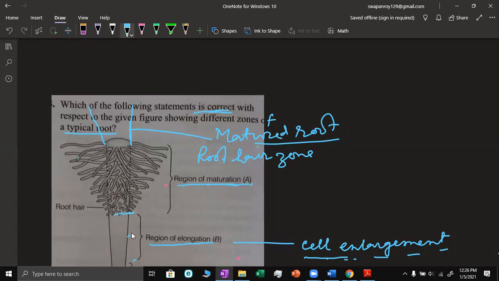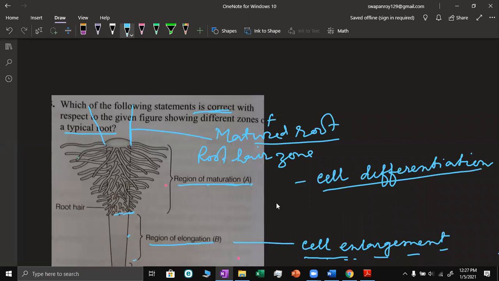Before that, in this region, there is nothing like that. So here is maturation. Maturation is known as cell differentiation. Cell differentiation takes place. They become adult.